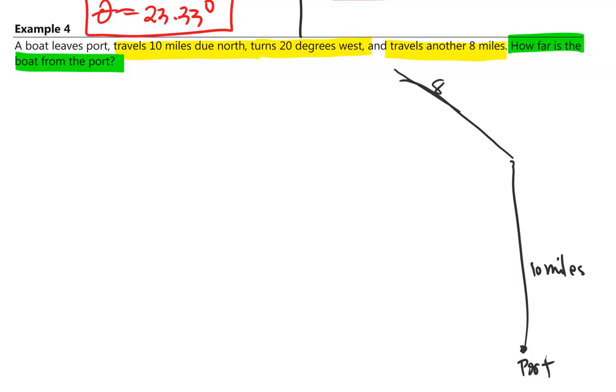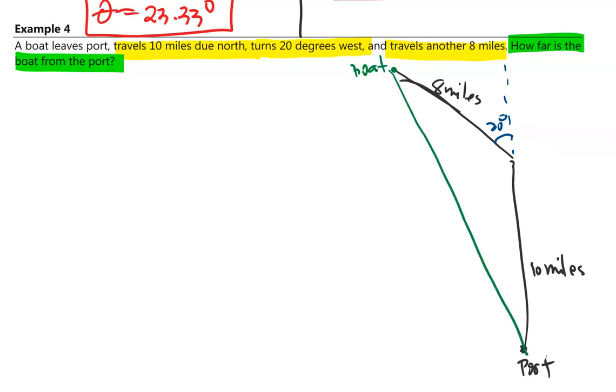So let's say this is 8 miles, and this is 20 degrees, and we want to get how far the boat is from the port. So this is the boat, how far it is from the port.